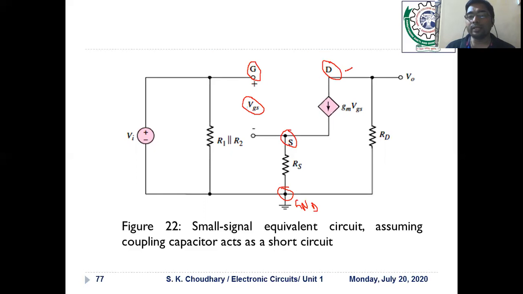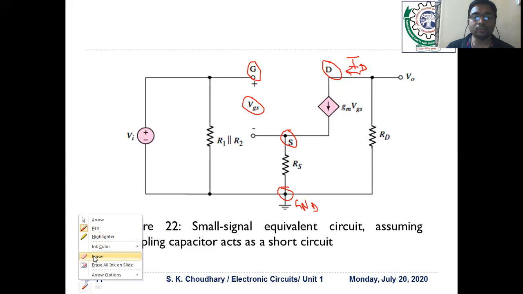Now, we know that in an N channel MOSFET, a drain current ID flows from drain to source. Here also one ID would flow.